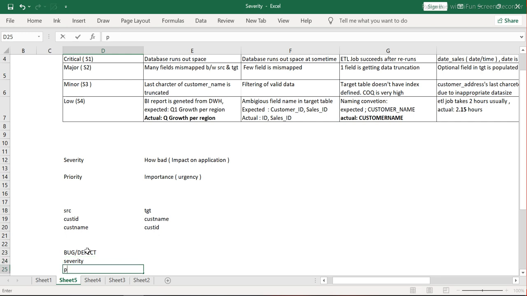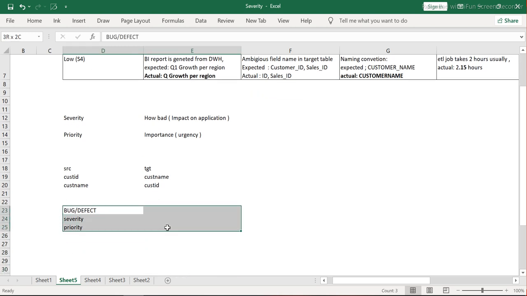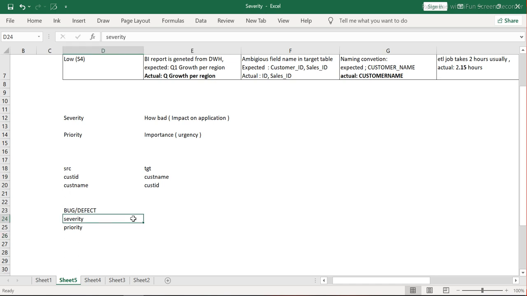They are the two fields which are mandatory, okay? Based on that only, the bug is categorized and prioritized for testing, right? Severity is, as I said, the impact or how bad the bug is, and priority is how urgently we need to fix it, or the order of fixing the defect.